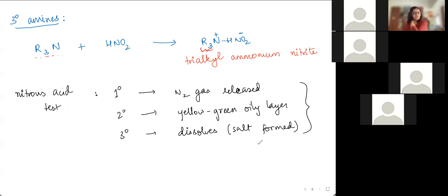Here the reaction is the same, but the behavior of the product changes between primary, secondary, and tertiary, so that's relatively simpler. In the nitrous acid case, the reaction itself is different in all three cases, so you get three different kinds of products.